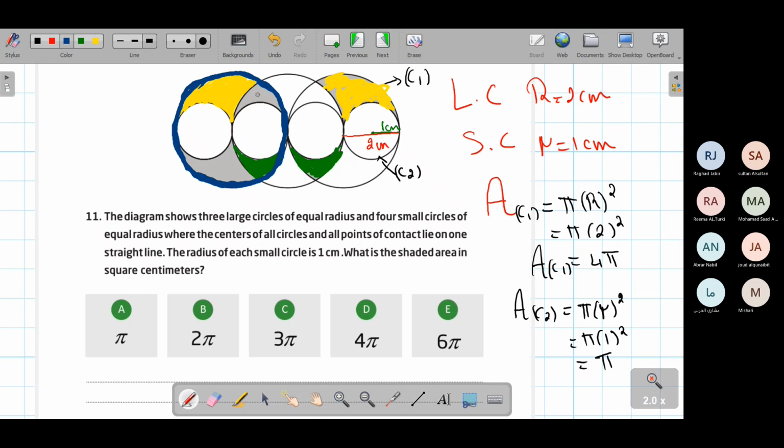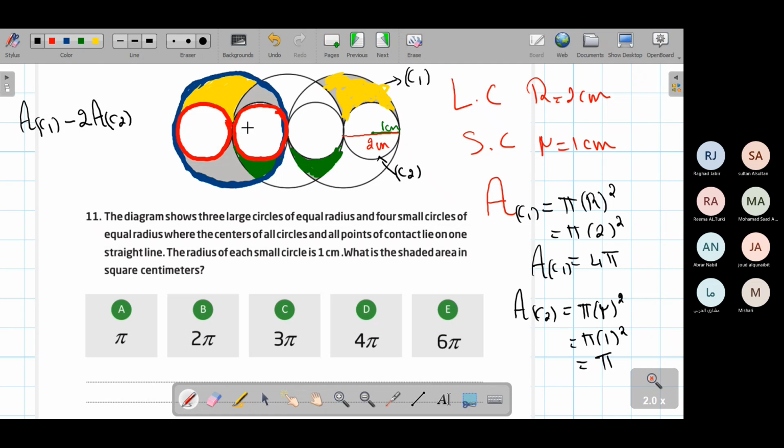If I subtract the area of all the circle minus these two small circles, this one and that one, I get the area of C1 minus 2 times the area of C2. Why 2? Because I have two small circles.